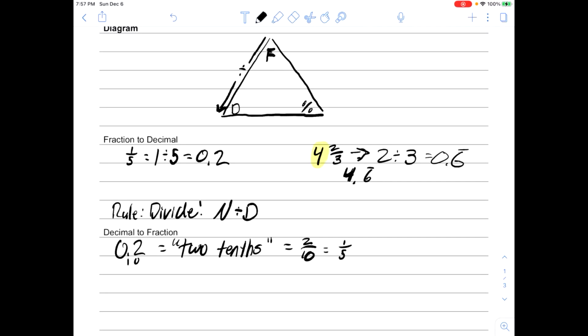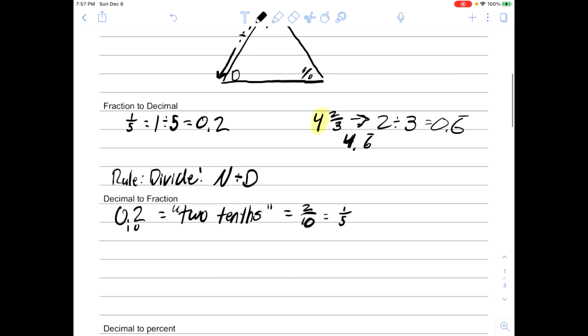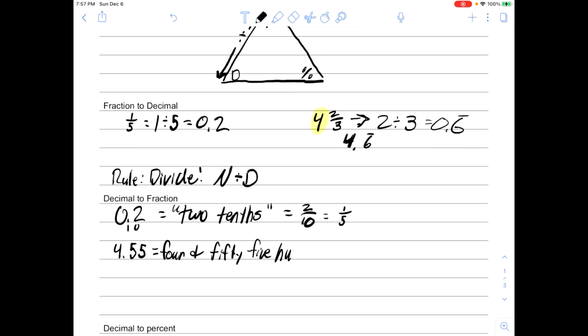If we have a number with whole number parts, so for example here, if I were to say this number out loud, I would say that this is 4 and 55/100.